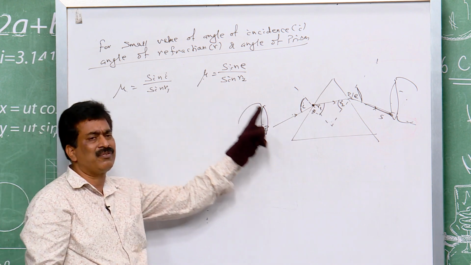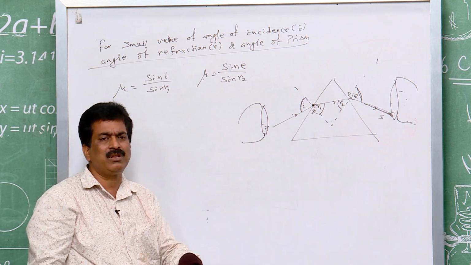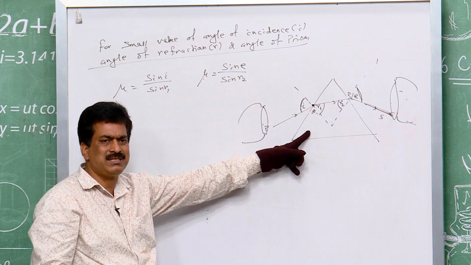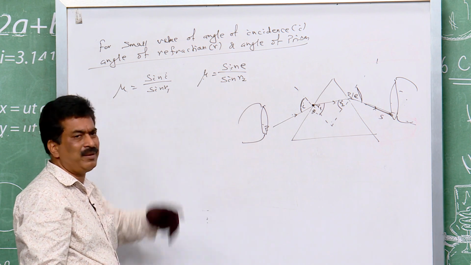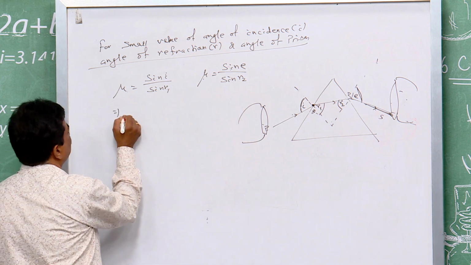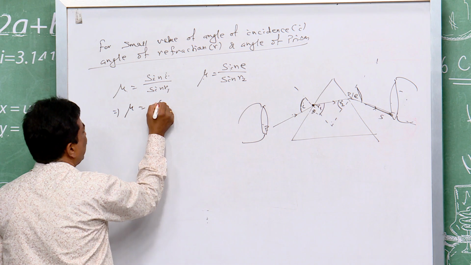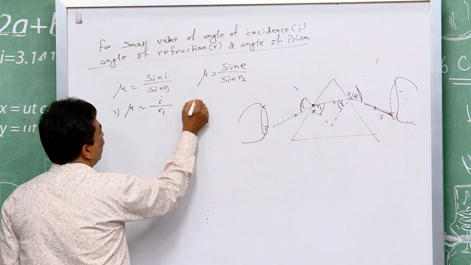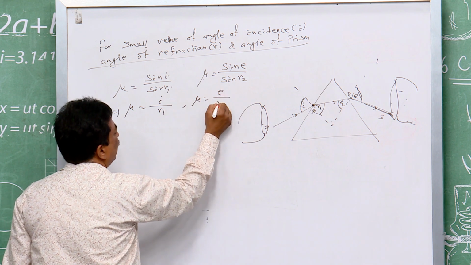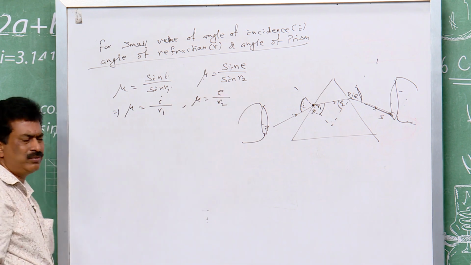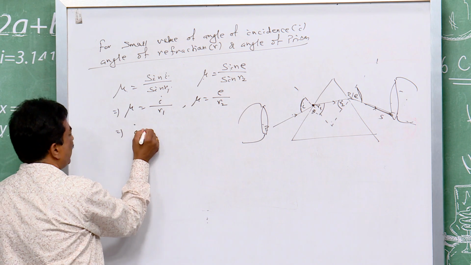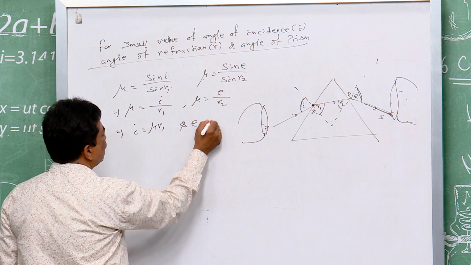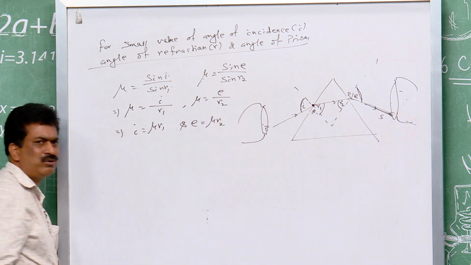As we know, the refractive index will vary only if the material's nature changes. Since the same material is there, the mu value will remain the same. Therefore, for the smaller value, sin i is mu times sin r1, and mu is equal to sin e by sin r2. So this implies i is equal to mu r1 and e is equal to mu r2.